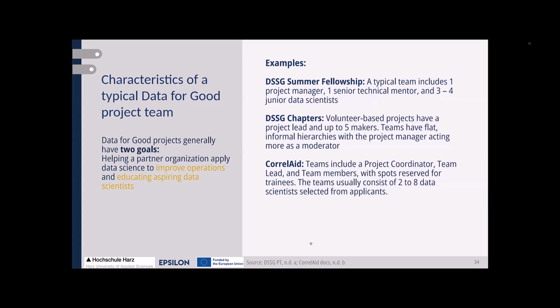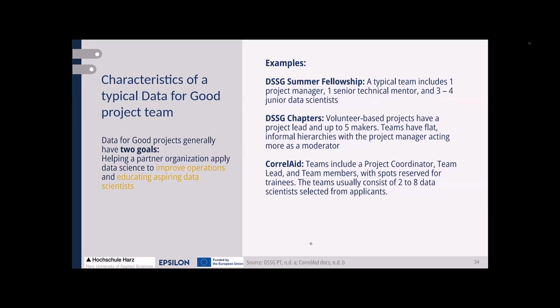At university, you have the senior technical mentor that helps the students, the junior data scientists, with the issues, but who also enables them to solve the problem on their own. And here we have the situation that typically the projects are pre-screened by the project manager and the senior technical mentor. So the framing of the project has already been done when the junior data scientists work on it.